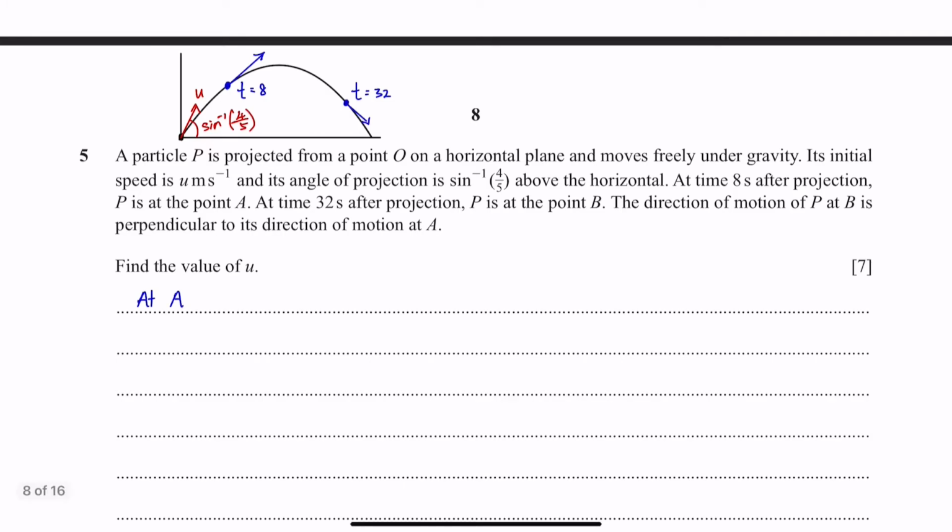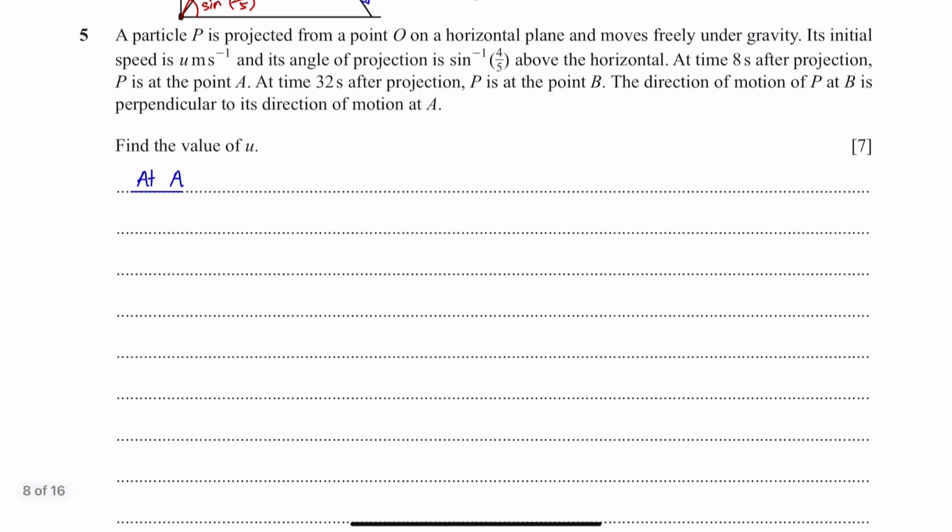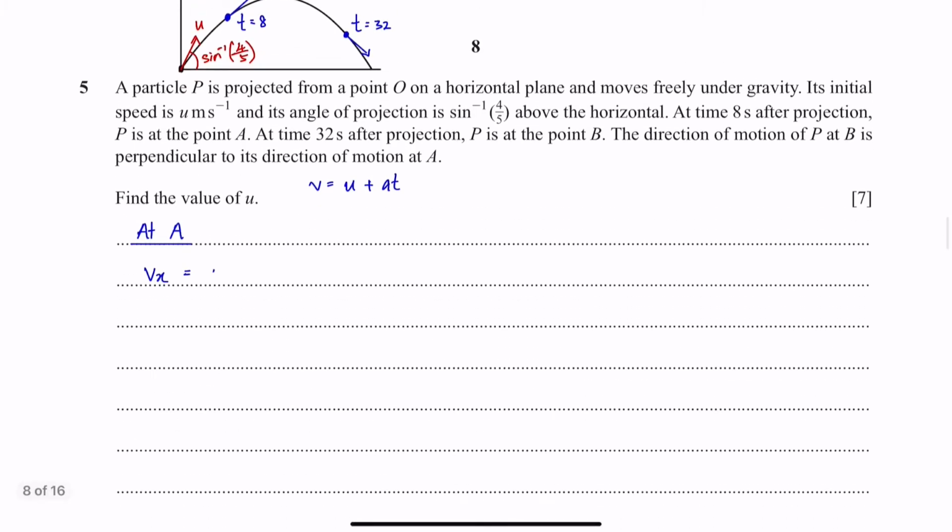So at point A, our horizontal velocity Vx would be, okay, let's use this formula, V equals u plus at. So Vx equals ux, which is u cos theta plus at. But there's no acceleration in the horizontal direction, so it's just u cos theta.